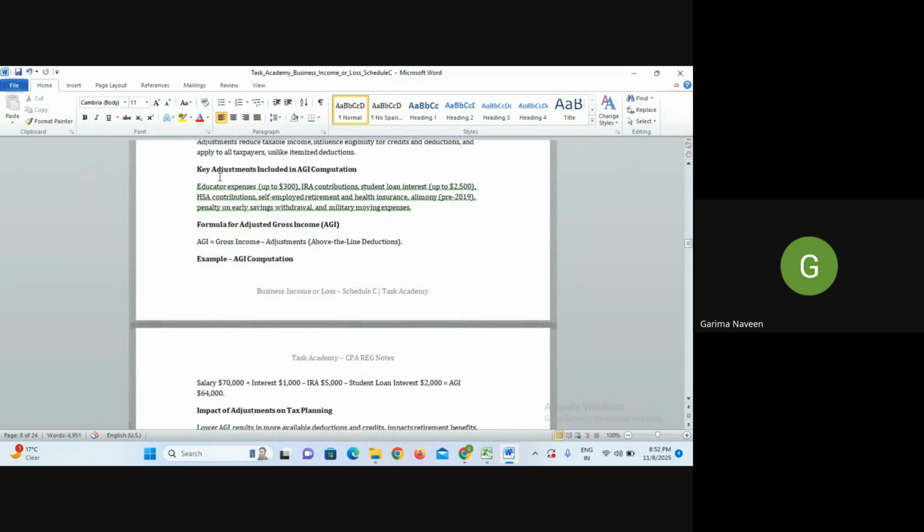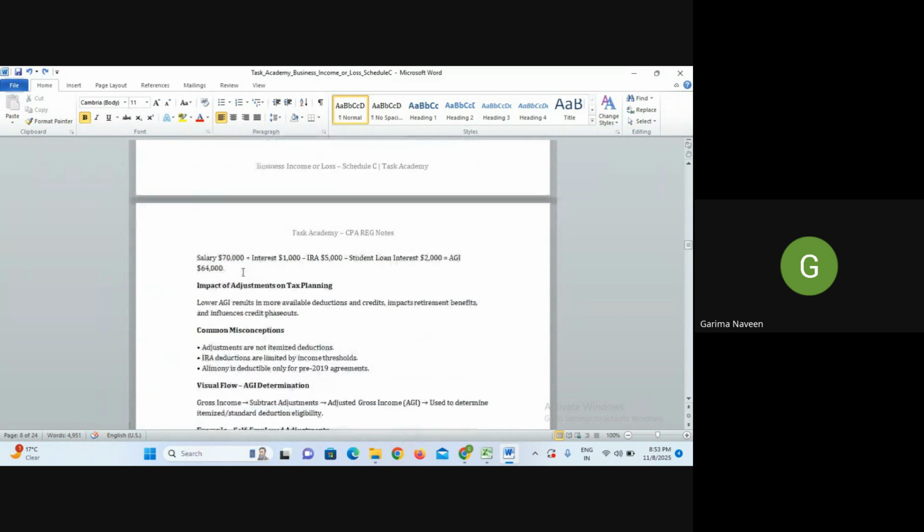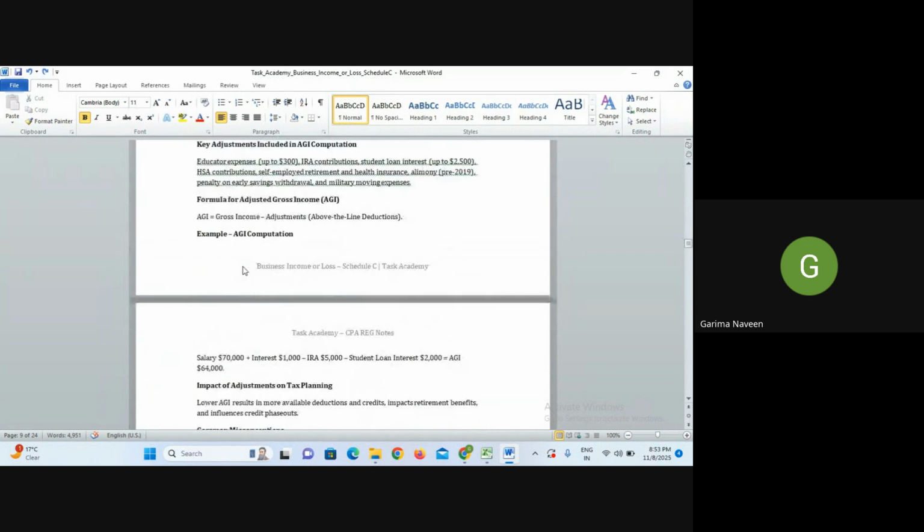So what are these adjustments? I already discussed educator expenses, IRA contributions, student loan interest, HSA contribution, self-employed retirement, health insurance, alimony, penalty on early saving withdrawal, and military moving expenses. This will come in detail here.